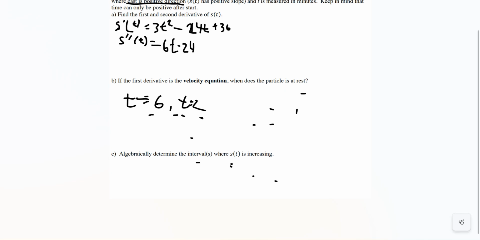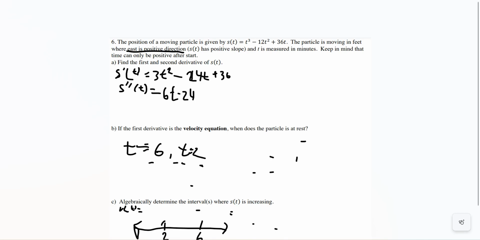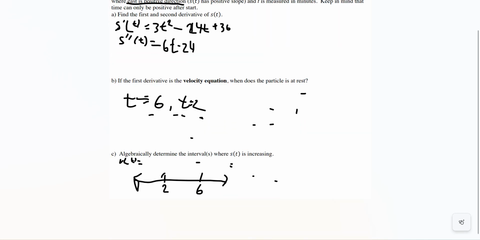Next question: algebraically determine the intervals where s of t is increasing. So this means that we're going to find when these two, since we know they're at rest, we know that their signs could be changing. So let's put it down. And this is going to be velocity. Okay, so the velocity determines if s of t is increasing or not. So let's find test values: let's say 1, 3, and 7.